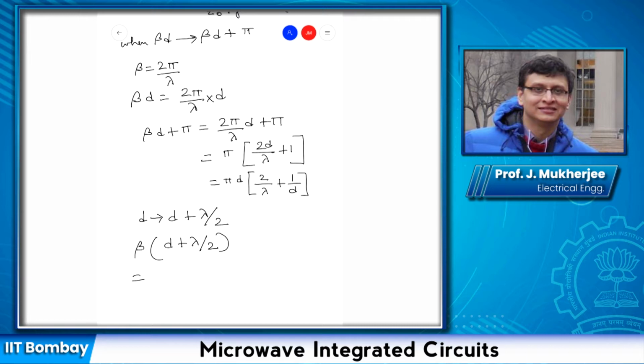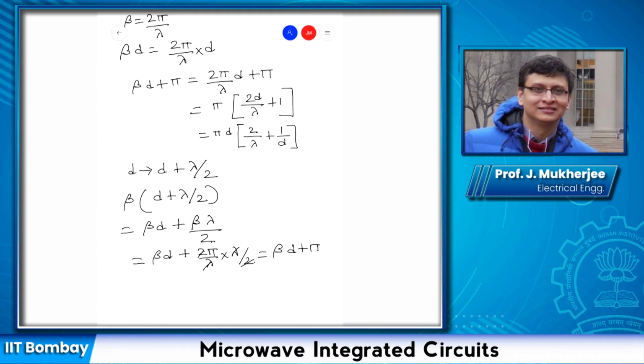This is equal to beta d plus beta lambda by 2, which is equal to beta d plus 2 pi upon lambda into lambda by 2. So this is equal to beta d plus pi. In other words, increasing the value of d by lambda by 2 is the same as increasing the value of beta d by pi.